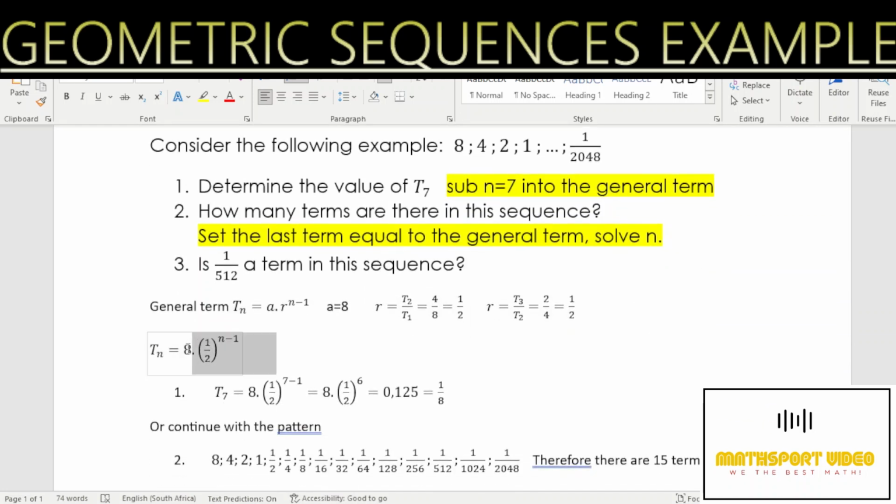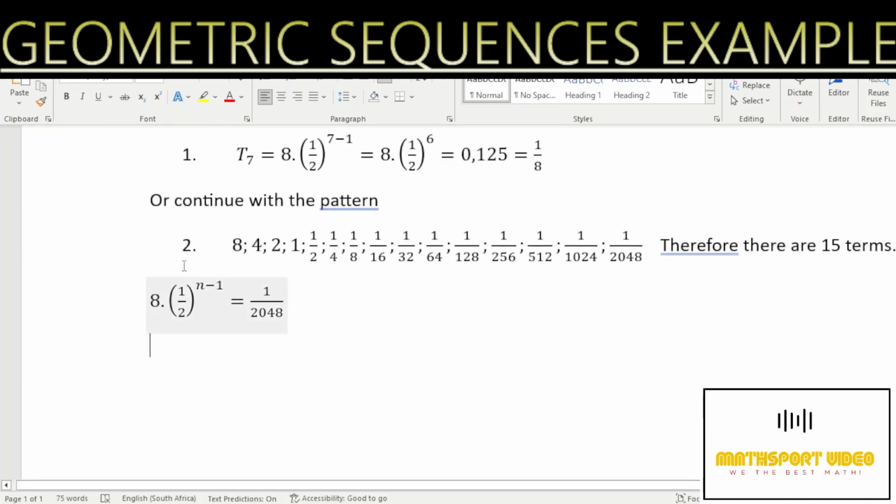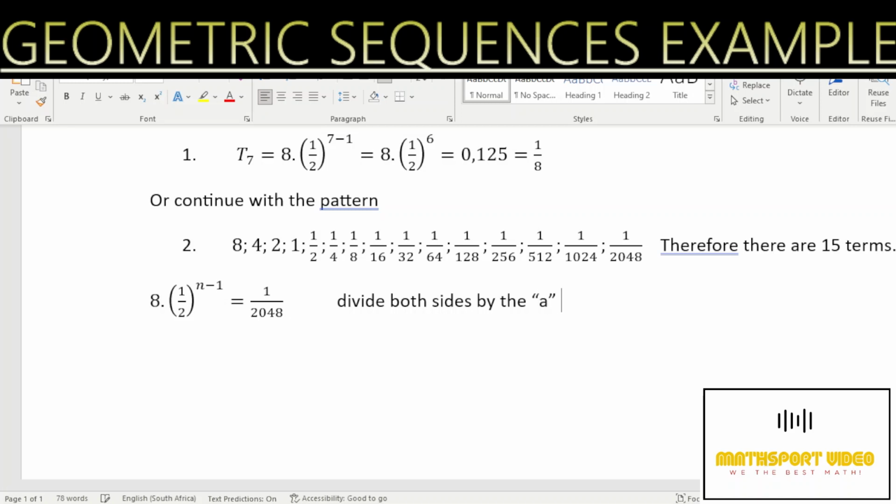So we have this general term over here. We can take that general term and set it equal to the last term, which is 1 over 2048. Now we need to solve for n. The first thing we do is divide both sides by 8. Whatever the A value is, divide both sides by the A value.